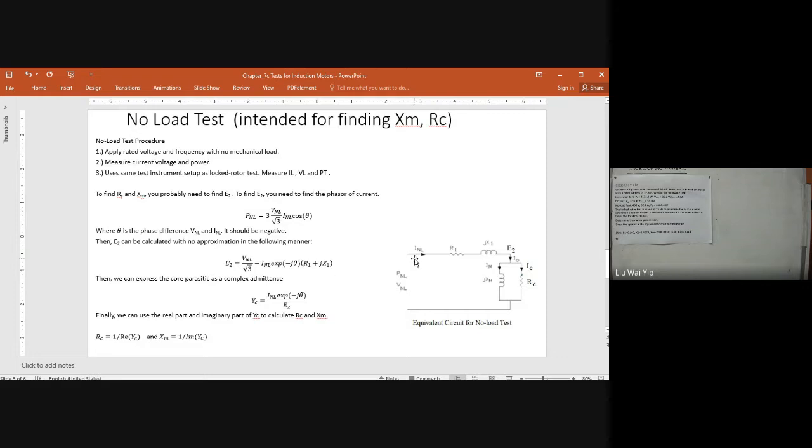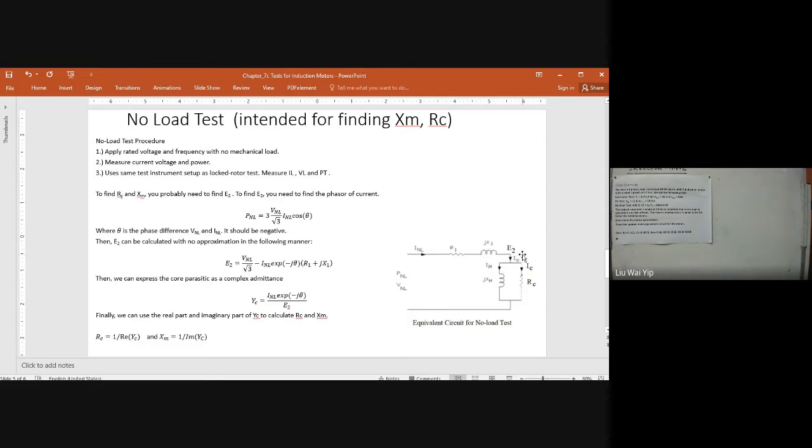This is the potential difference across the winding impedance, and then the voltage E2 is the phase voltage without the potential difference across the winding impedance.